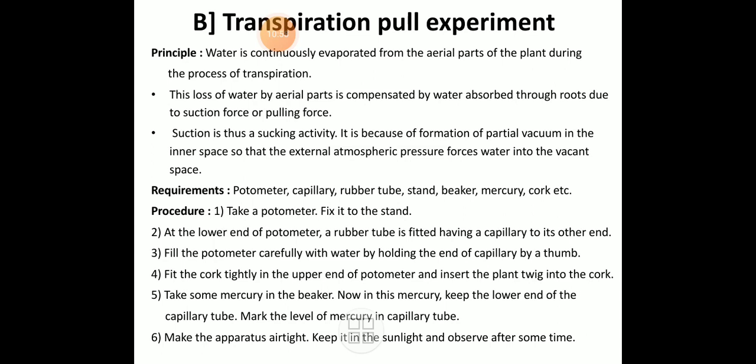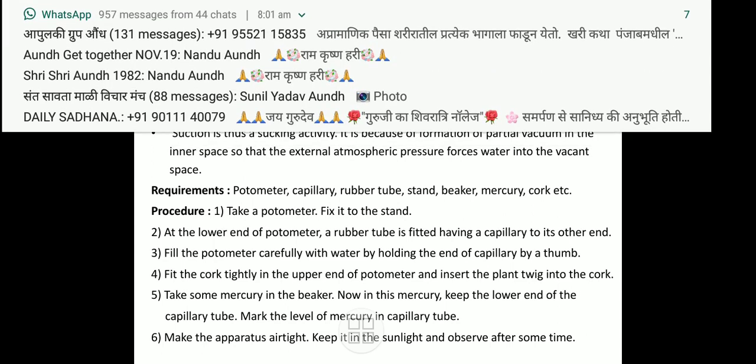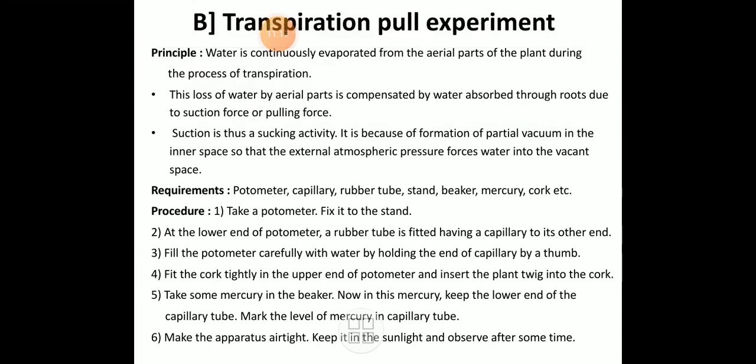Fill the potometer carefully with water, by holding the end of the capillary with the thumb. Fit the cork tightly in the upper end of the potometer and insert the plant twig into the cork.